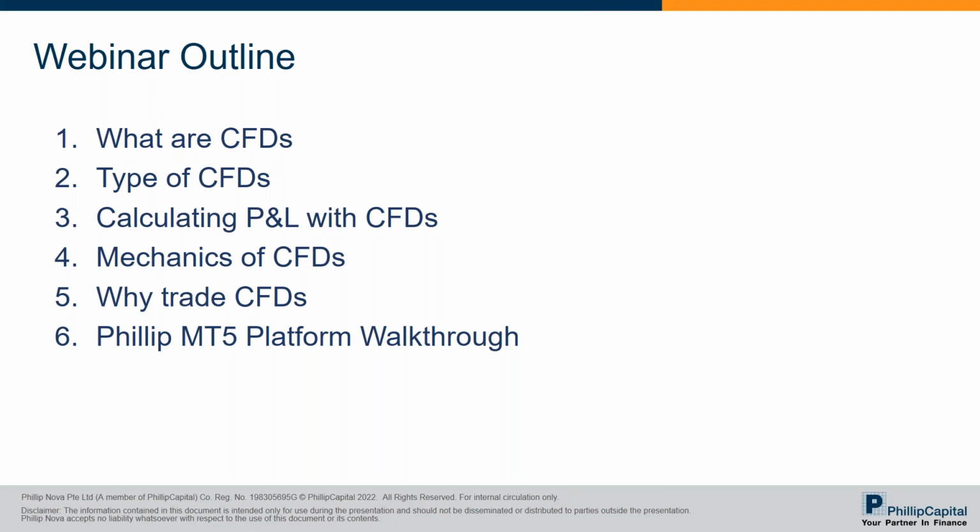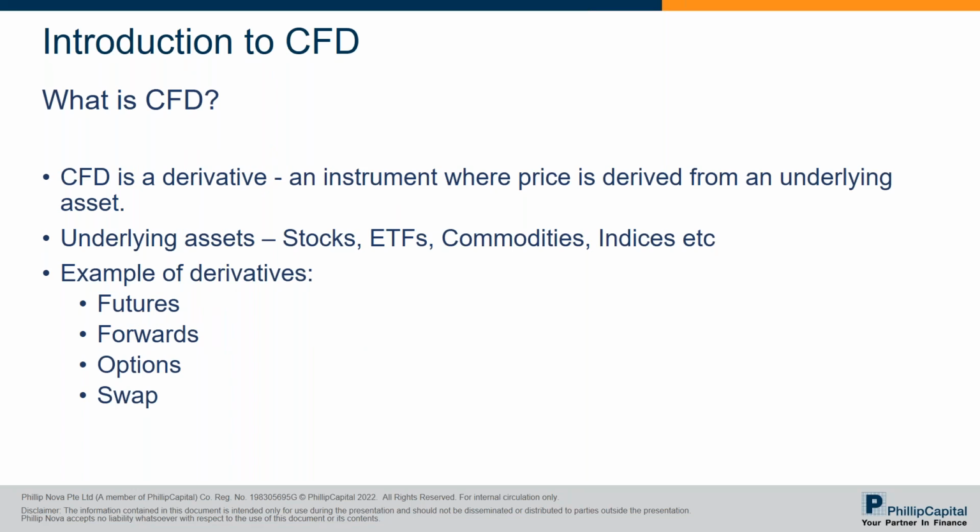So this session is about CFD. To get to the very nature of it, what is a CFD? A CFD is actually a derivative, and a derivative is an instrument whose price is derived from an underlying asset. This underlying asset can range across many types of assets. The popular ones are stocks, ETFs, commodities, indices, and many others.